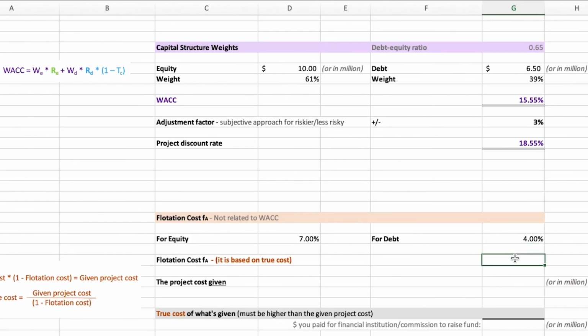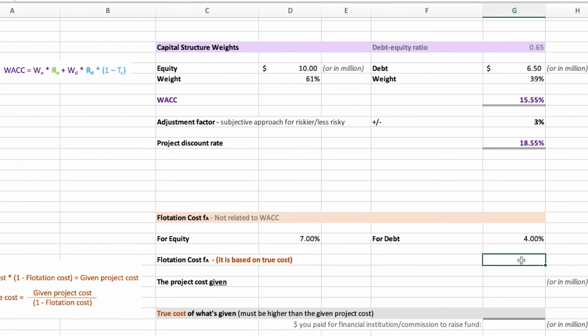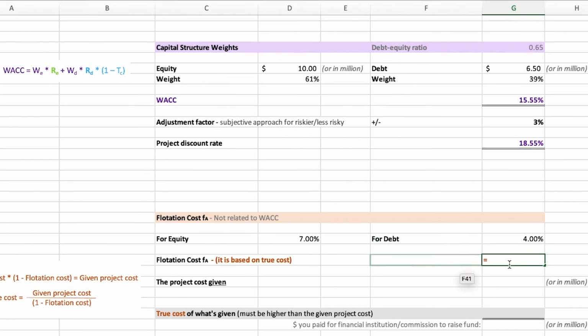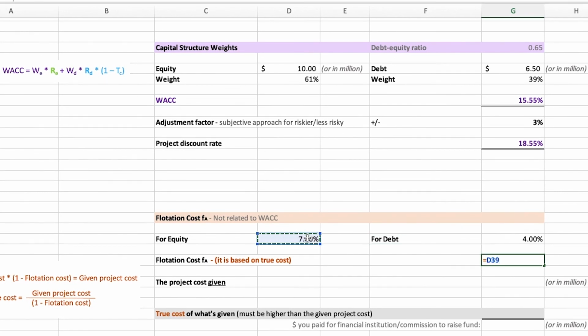Then your flotation cost, in percentage format, based on true cost, would be flotation cost of equity times the weight plus that of debt times the weight, and that's 5.82%.